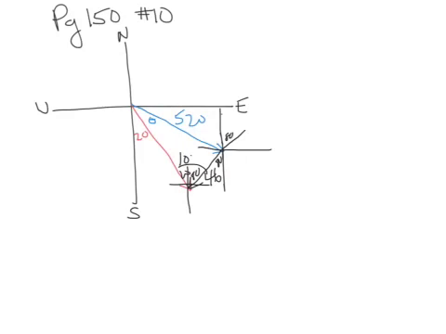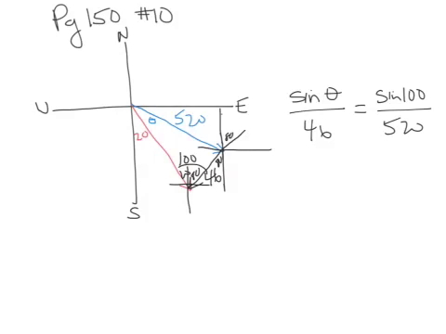Okay, so now that we have the information, we can say sine theta over 46 is equal to sine 100 over 520. And then I can isolate sine theta: 46 times sine 100 over 520.